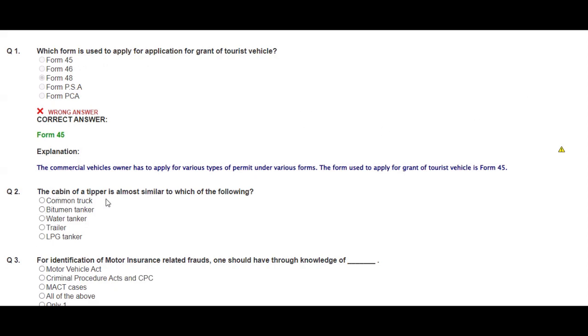The cabin of a tipper is almost similar to which vehicle? Everyone knows, because it is a common truck. The cabin of a tipper is almost similar to a common truck.